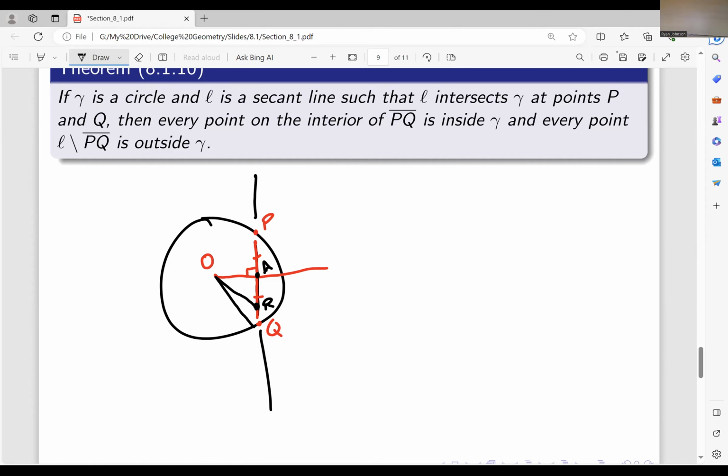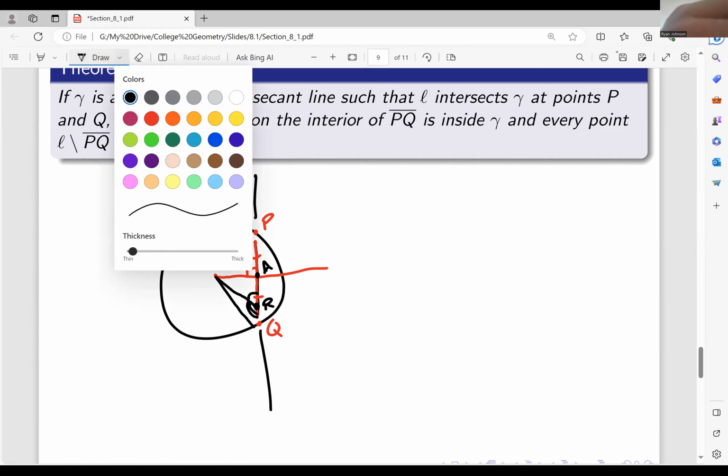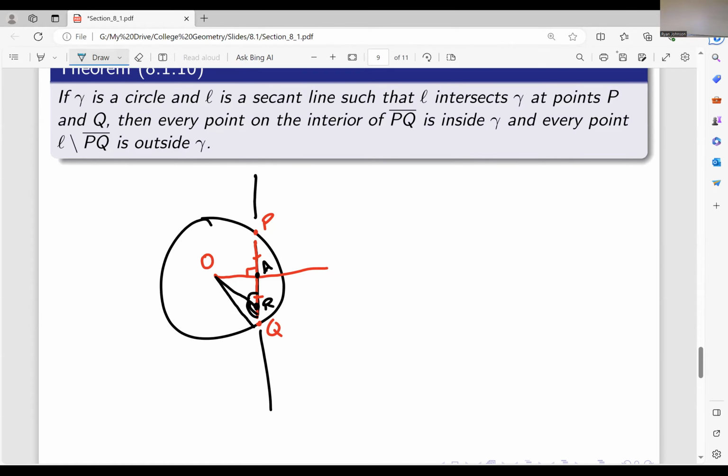And since that triangle is a right triangle, that makes that angle acute, which makes this angle obtuse, which makes this the longer side, which makes then of this triangle right here, the longer side is there because it's across from the obtuse angle. That makes OR less than OQ. So R is inside gamma.